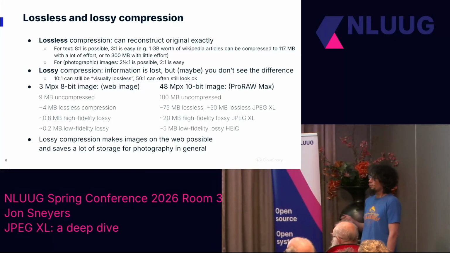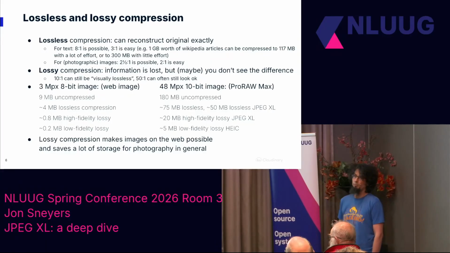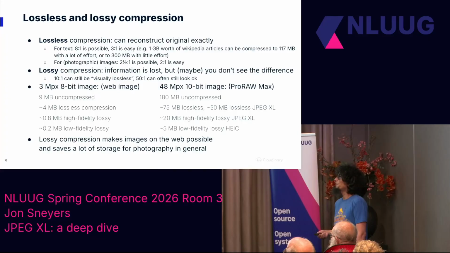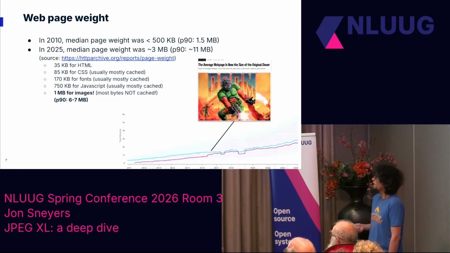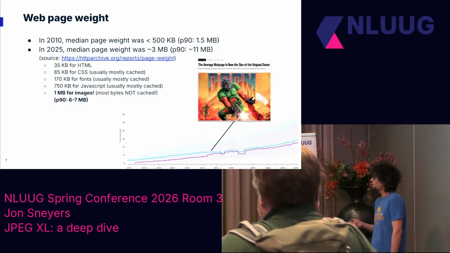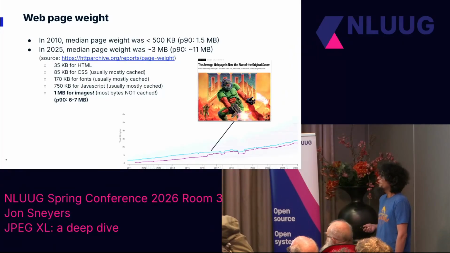Lossy compression is basically what makes images on the web possible in the first place. It is what made digital photography possible in its early years. And still, it saves a lot of storage for photographic use cases. If you look at the web, the size of the data that is getting transferred per page keeps increasing. And most of this is because of images.